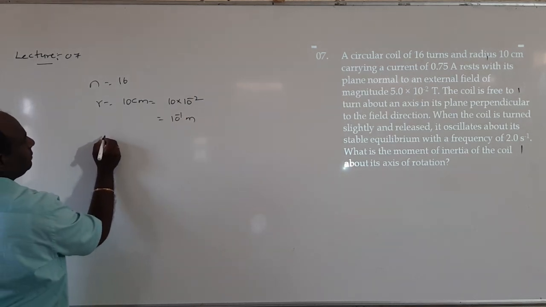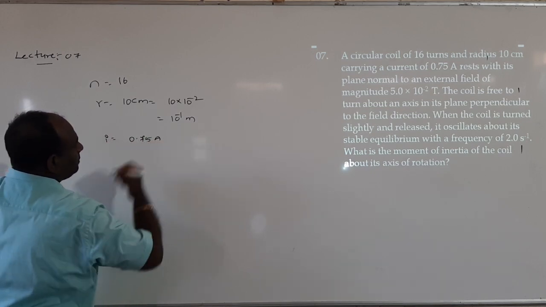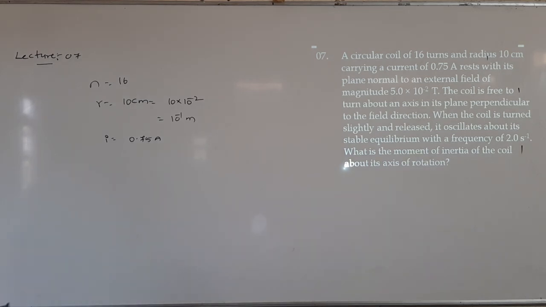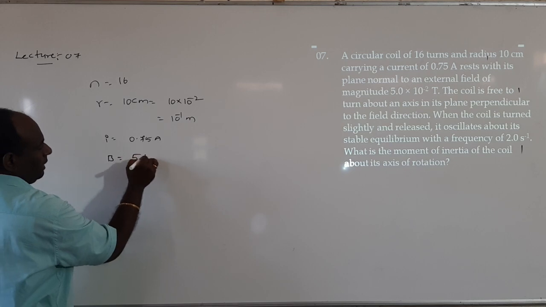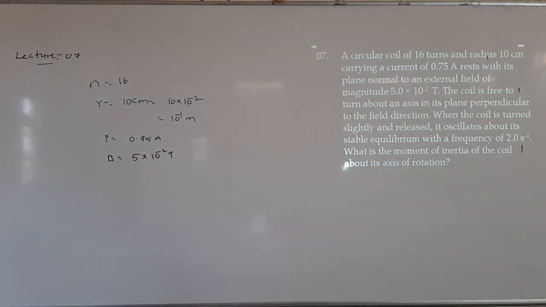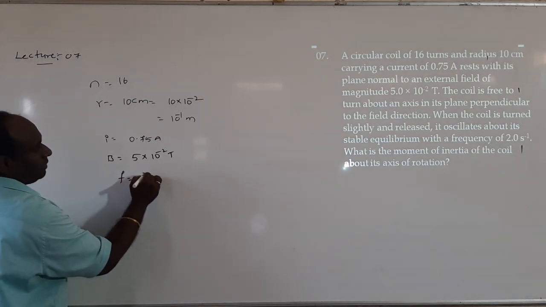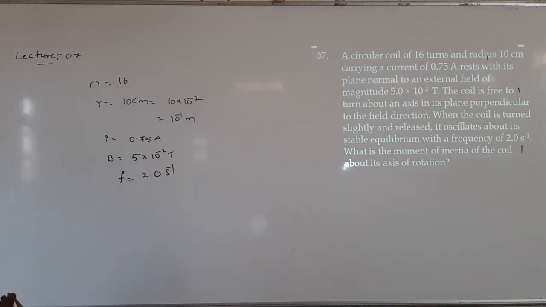Next, carrying a current I equal to 0.75 amperes. Magnetic field induction B equal to 5 into 10 power minus 2 Tesla. The frequency is given, f equal to 2.0 second inverse. What is the moment of inertia?